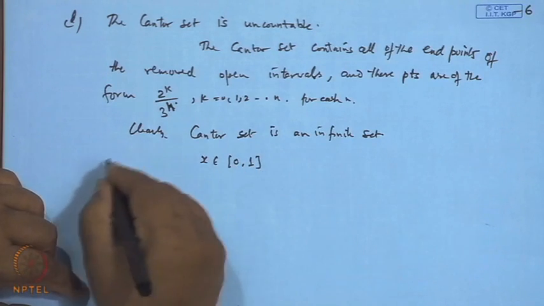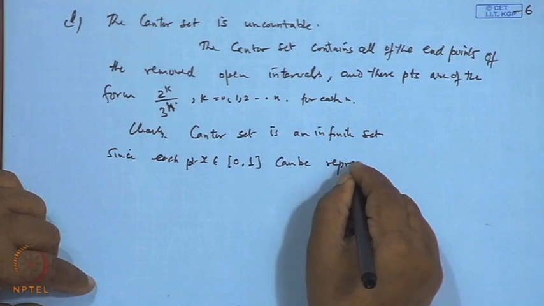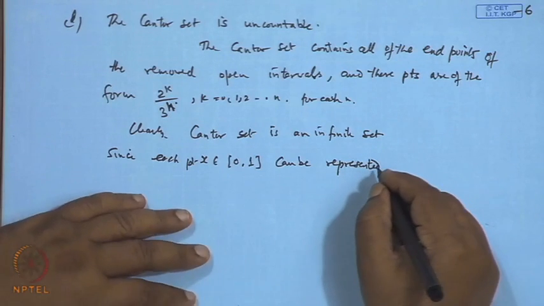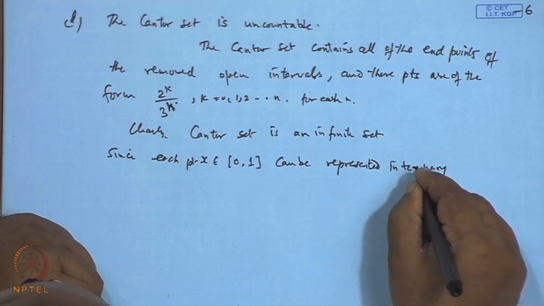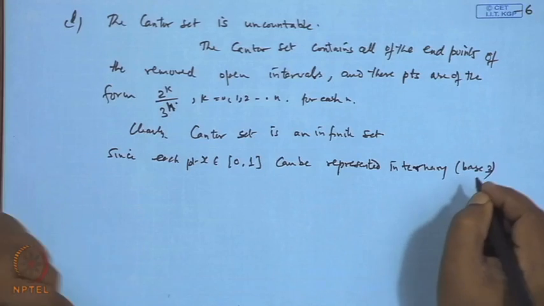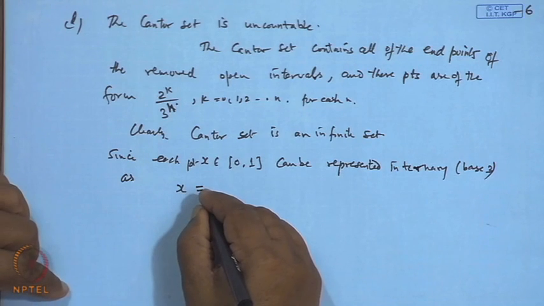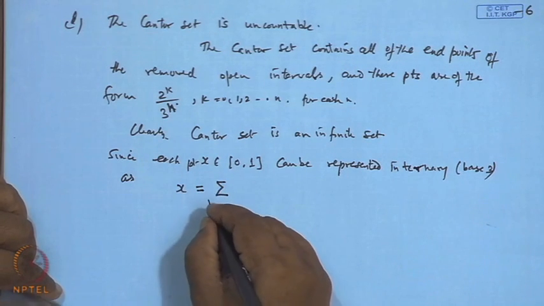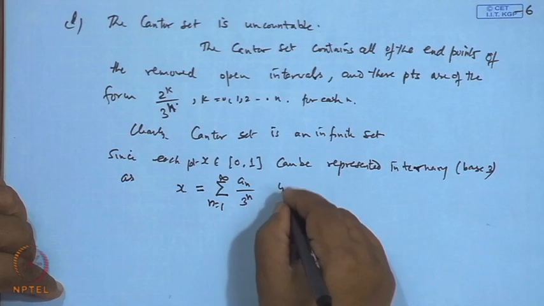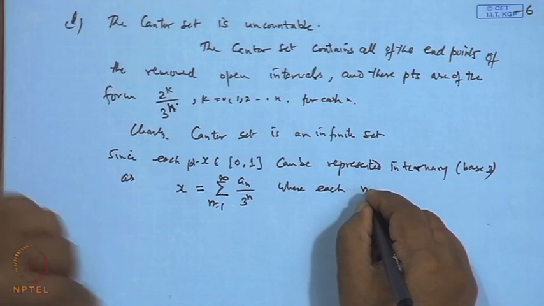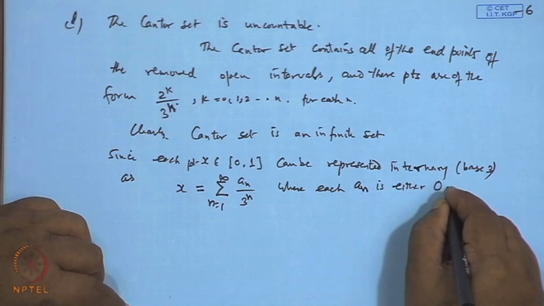Each point x can be represented with base 3, that is, in ternary form, and its expansion will be x equal to the sum from n equals 1 to infinity of a_n over 3 to the power n, where each a_n is either 0, 1 or 2.